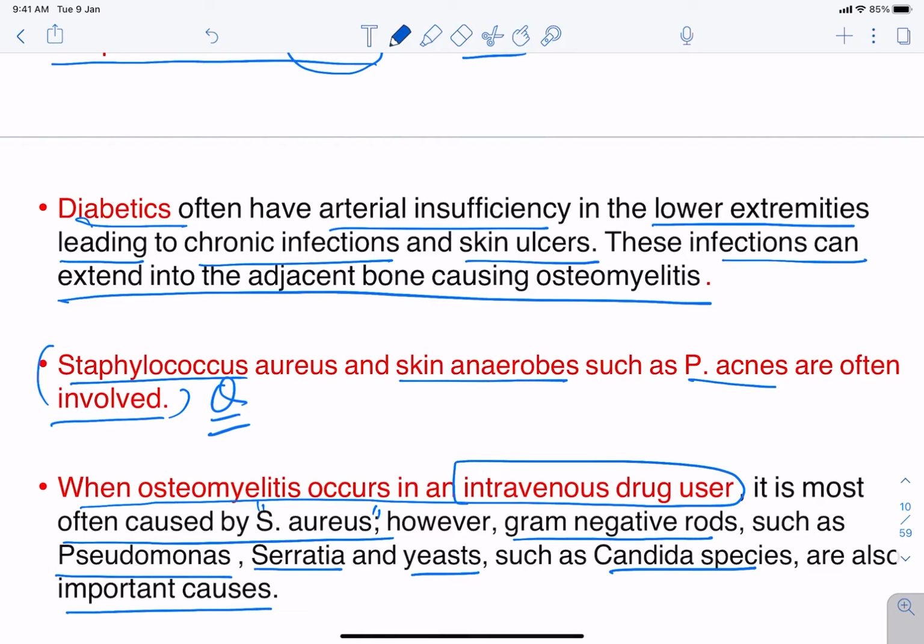If anybody takes intravenous drugs, the main agent will still be what? Staph aureus, accompanied by whom? Pseudomonas, Serratia, and the yeast. Certain people will tell you Pseudomonas, but still in IV abusers, what is there? Staph aureus.